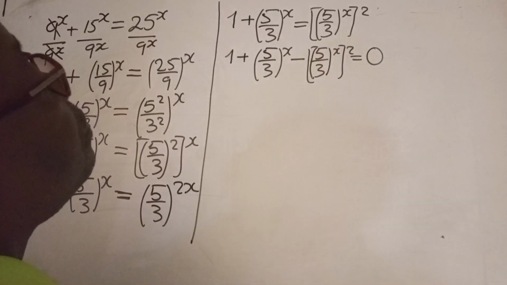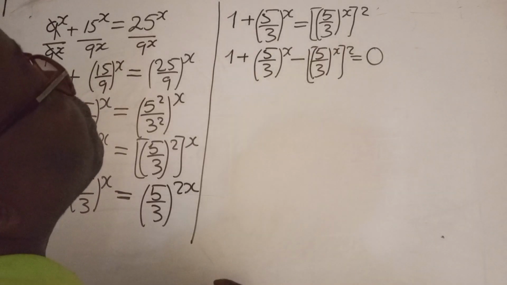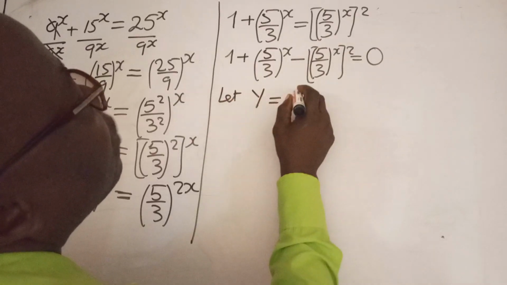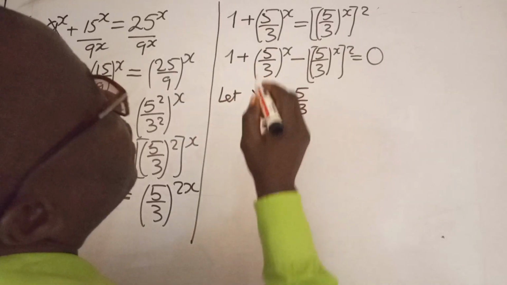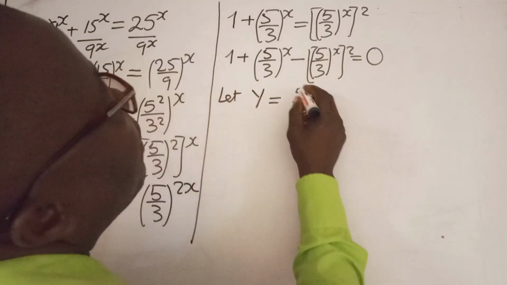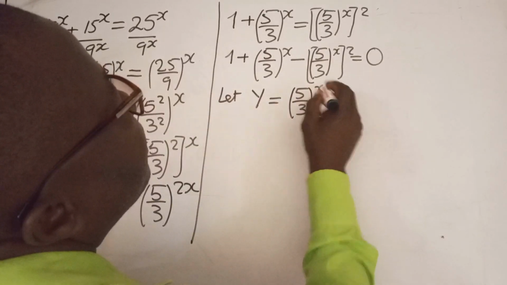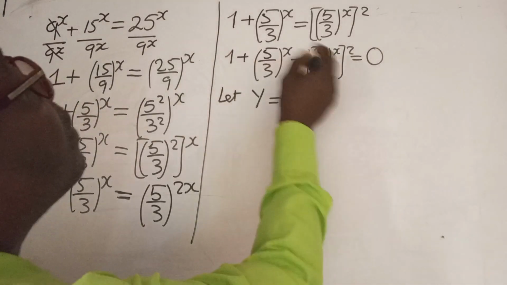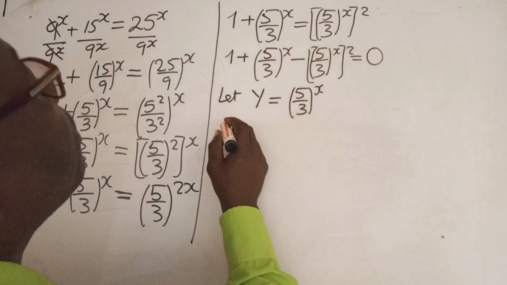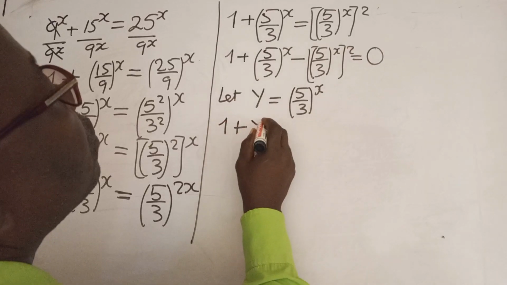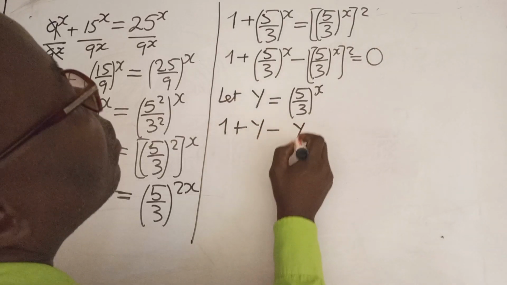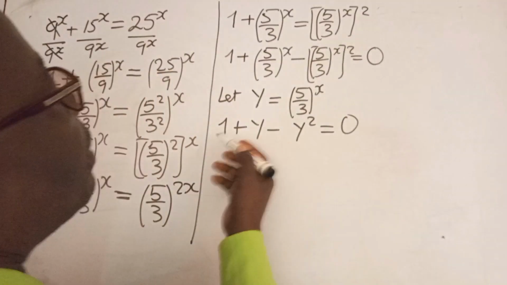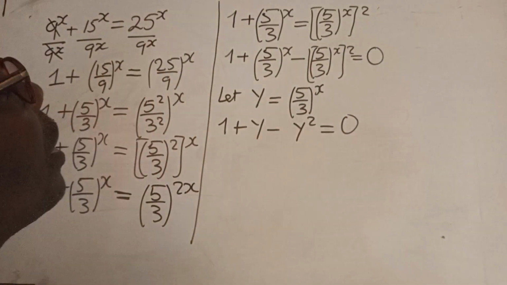Okay, so if we now let a new variable y be 5 all over 3 to the power x, this expression will be transformed into 1 plus y minus y squared is equal to 0. You can see the quadratic expression which is gradually coming out.